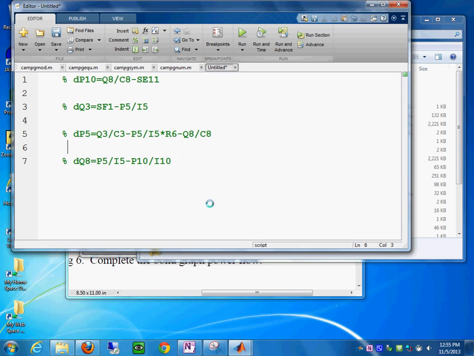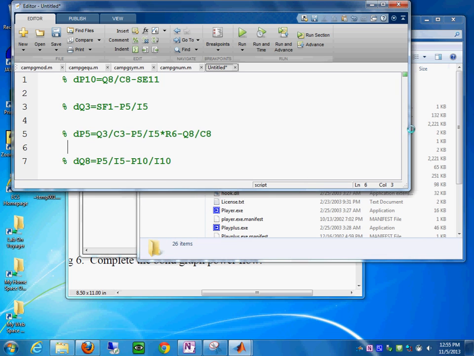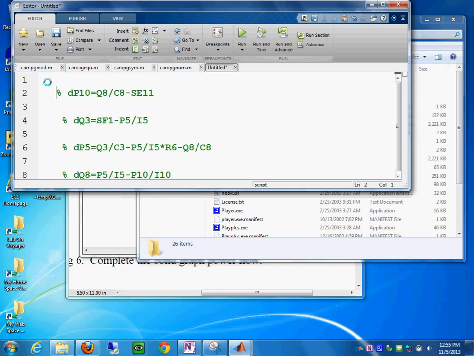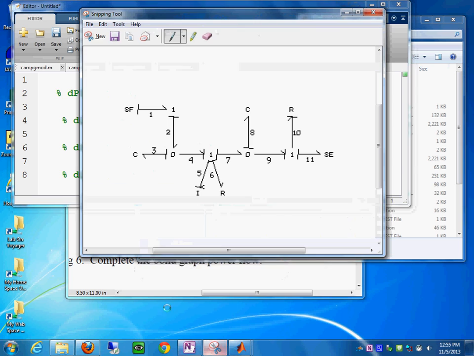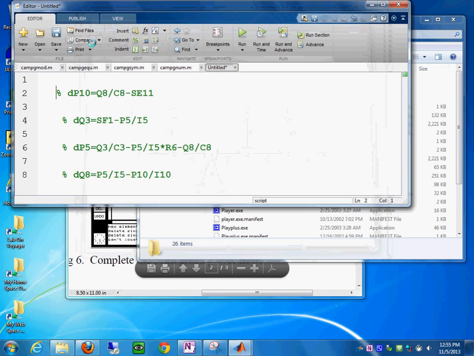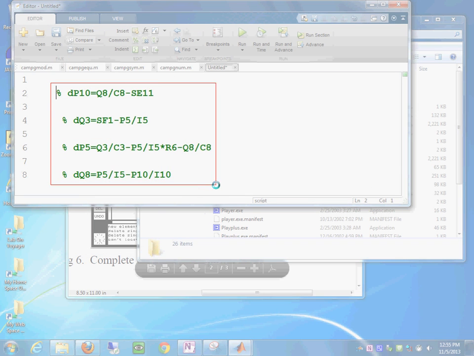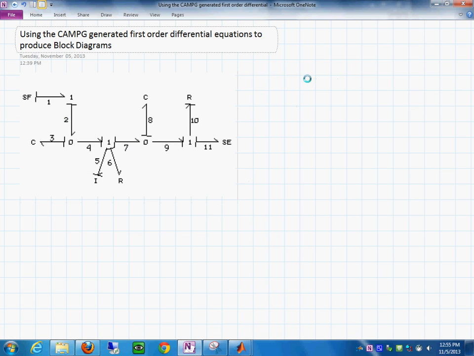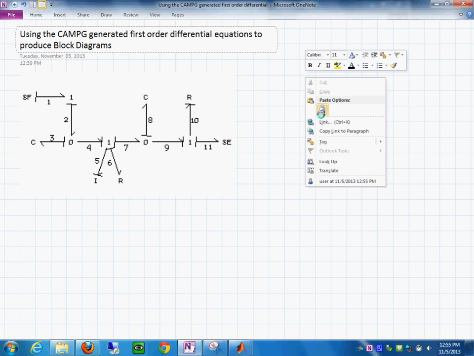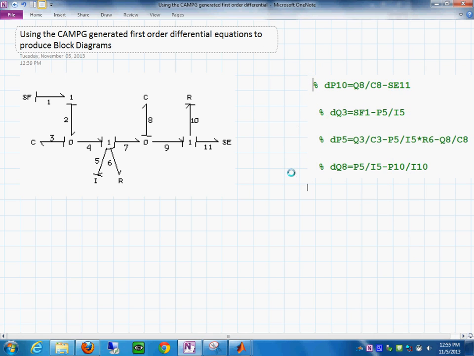Okay, so what I want to do is put these equations in the place where I have the notes to build the block diagram. So I am going to take these ones, and then I will put them in the notes over here and say paste. There we go.